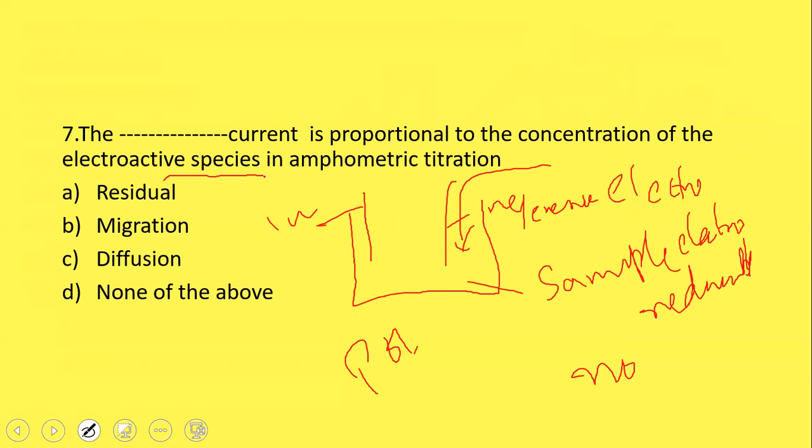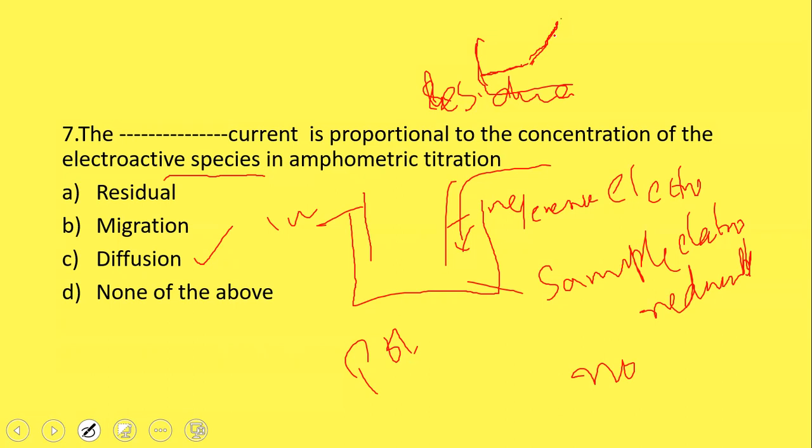So the current that is proportional to the concentration of electroactive species is the diffusion current. I have already told you the graph first. Due to the impurities present, it will show a current known as residual current. After that, a current will be produced due to the electroactive species. Then, after all the electroactive species are converted to precipitate, there is no electroactive species in the system.